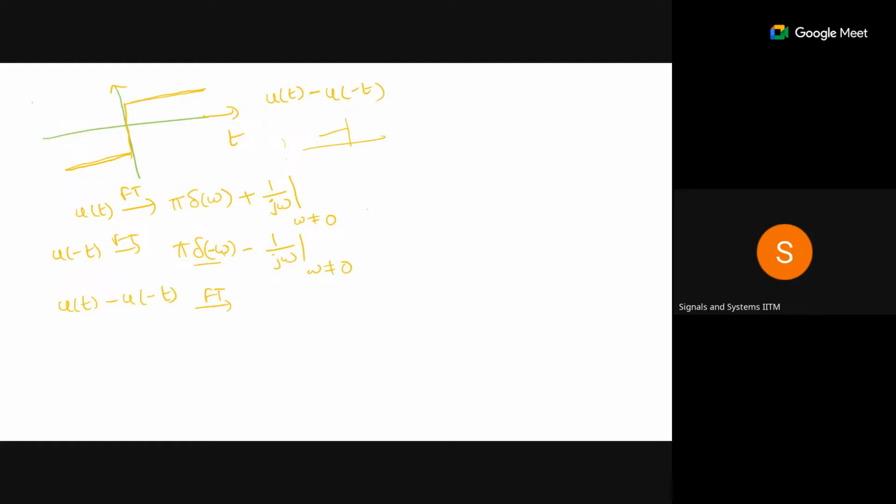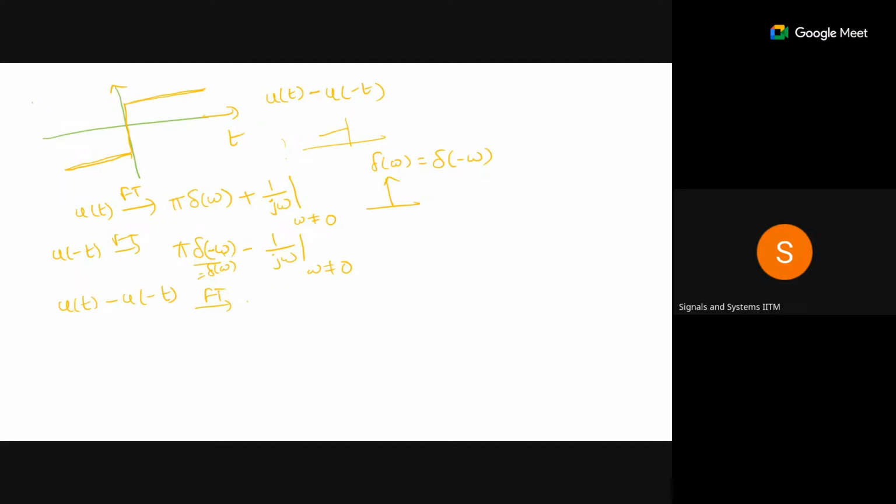Like I have told, delta omega will be equal to delta minus omega because it is an even signal. So it is supposed to be delta minus omega, which is equal to delta omega.